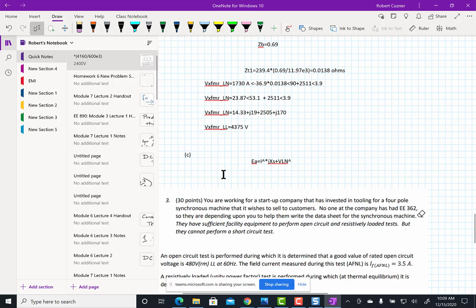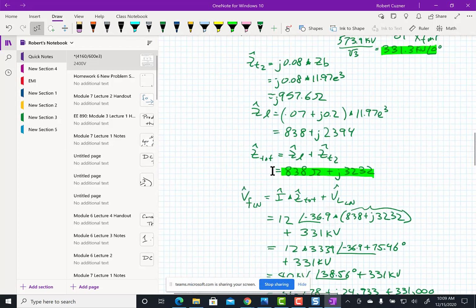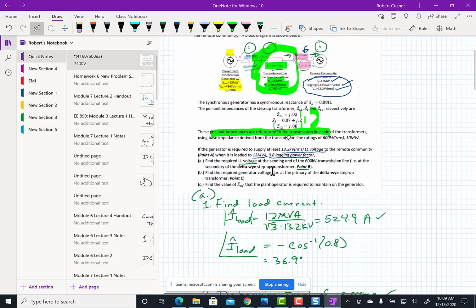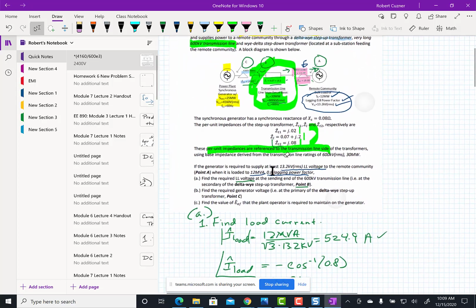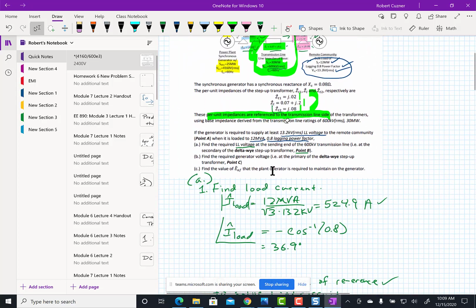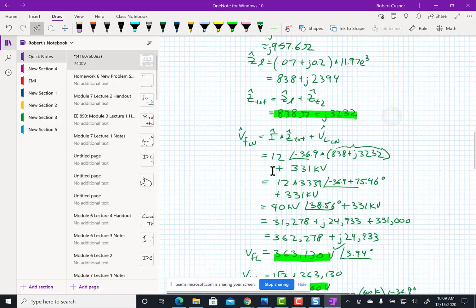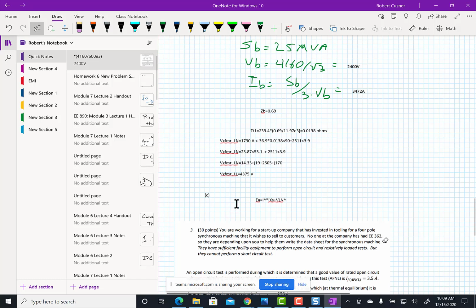So you don't have to convert this to line or anything, just find that. I gave you the XS up here, and I think I gave it to you in ohms, 0.808 ohms.